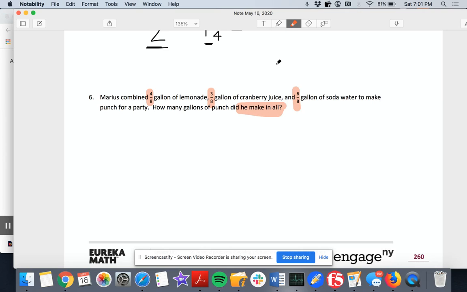In all. So all is our keyword there. And that means we need to find the total. And in order to find the total, do we add or subtract? We add. We add 4/8 plus 3/8 plus 6/8.